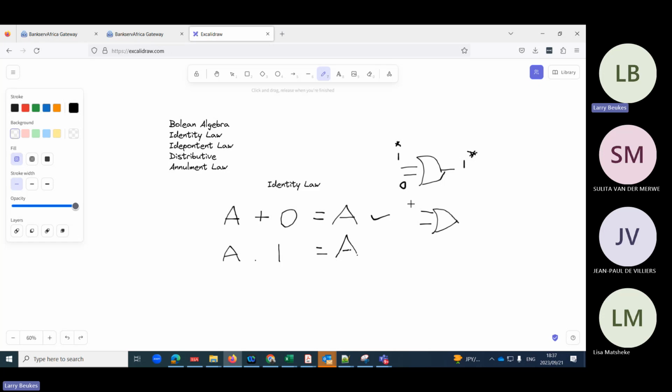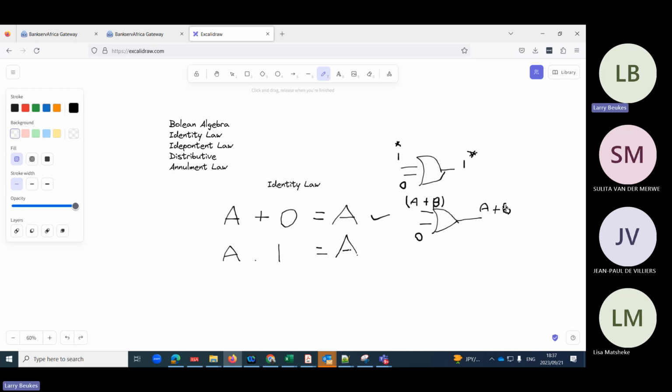Let's say here we have A plus B, also in brackets, then here we have 0. It means our output will be A plus B.